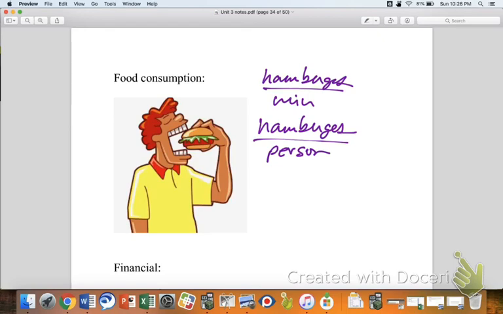It's in terms of people. It could be hamburgers per person. It could even be hamburgers per restaurant. Maybe somebody is trying to track which restaurants are most productive. So the rate of change of hamburgers per restaurant might be something that somebody would be interested in finding.